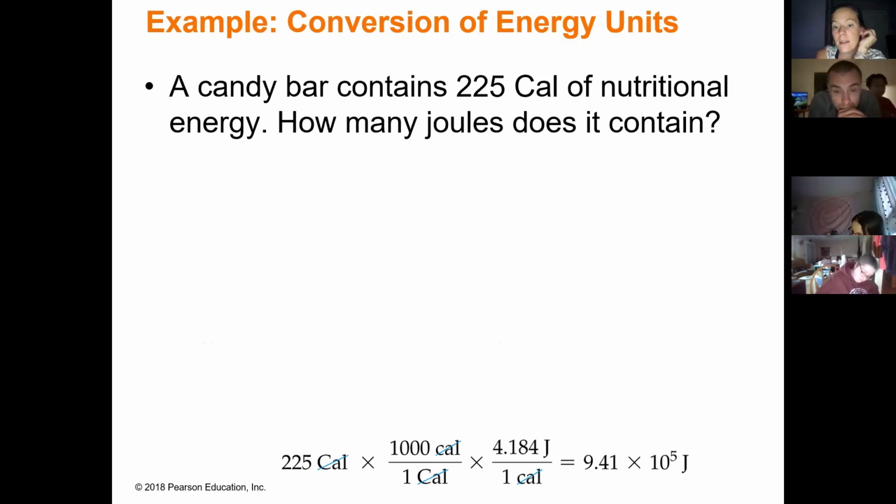Now, this is not anything revolutionary. This is just unit conversions, dimensional analysis. It's the same thing as like converting from inches to feet. You just have different conversion factors. So I'll go ahead and give you all 3 minutes to work on that. And we'll come back together and we'll talk about how many joules are in that candy bar. That must be a small candy bar if it only has 225 calories.